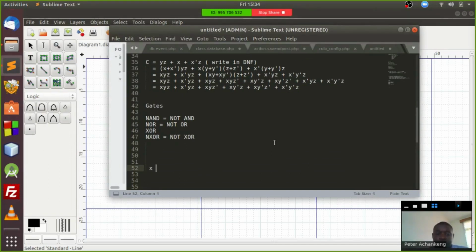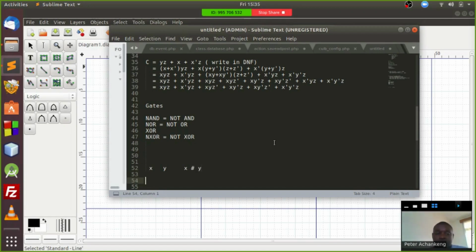You have x, you have y, and then you have x or y. I'll just use the plus sign here, but it's exclusive. So maybe I should have used something else, not the plus. I'll use the hash. Yeah, so I'm using that for exclusive OR.